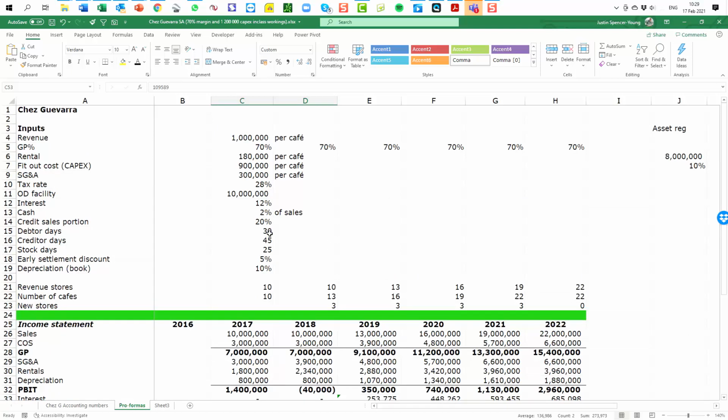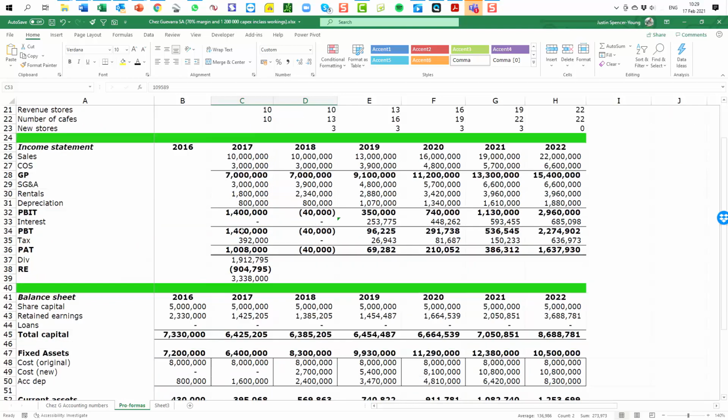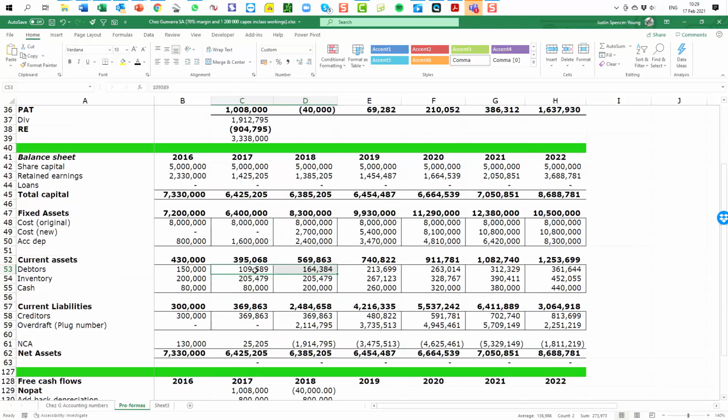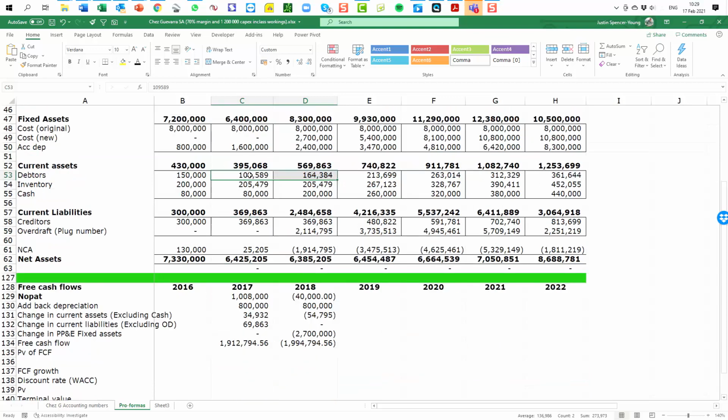We're now using these 30-day debtor terms, and what was probably the case in the previous year is the debtor terms were slightly different. So there's an outflow of cash in terms of these current assets to the tune of negative 54,000 Rand and some change. There's no change here to the creditors, so hence no effect on the cash flow.